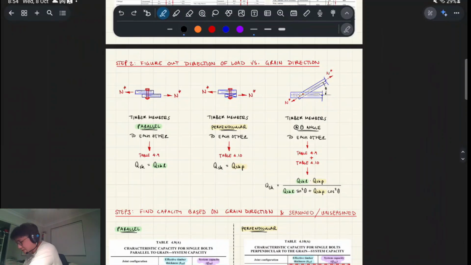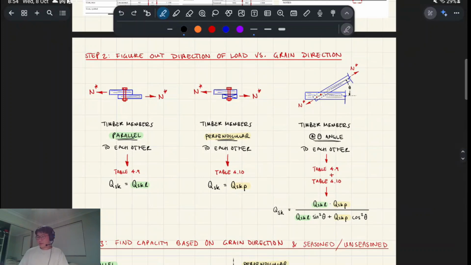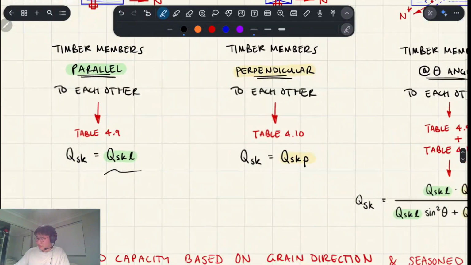Yeah, so here's where it's a bit different, because we're going to have different values for if you're dealing with different grain directions, right? So if the timber members are parallel to each other, you're going to be using QSKL, right?